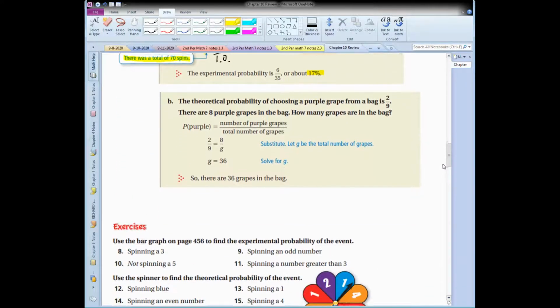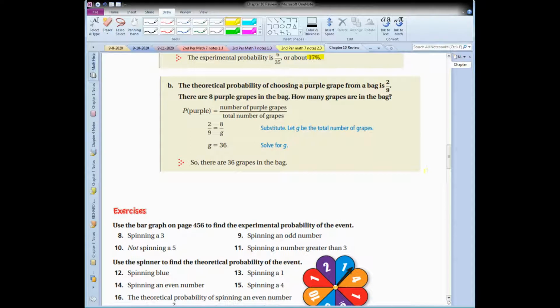The theoretical probability of choosing a purple grape from a bag is given, so I'm going to write this down: the probability of choosing purple is 2/9, or 2 to 9. There are 8 purple grapes in the bag. So how many grapes are in the bag?